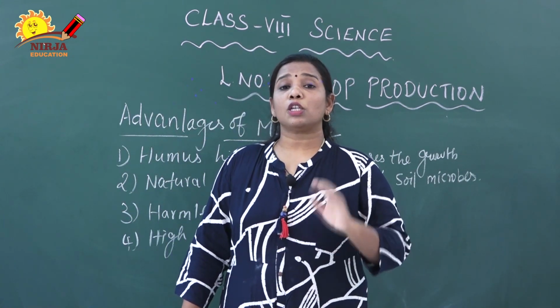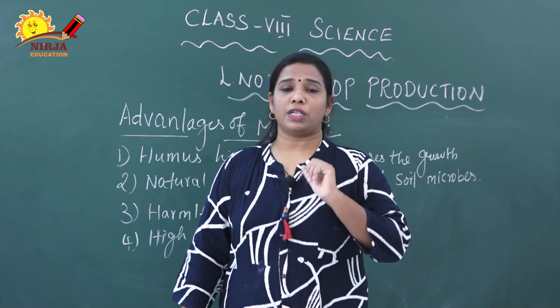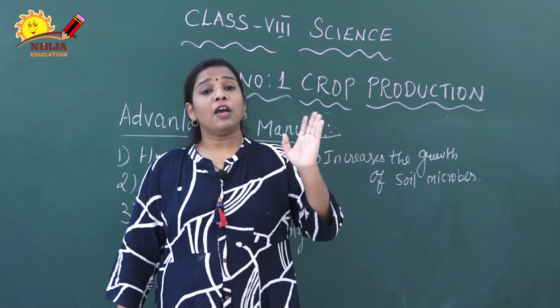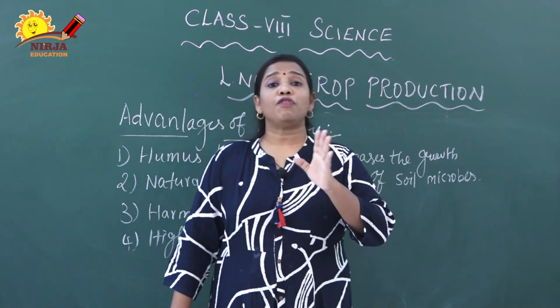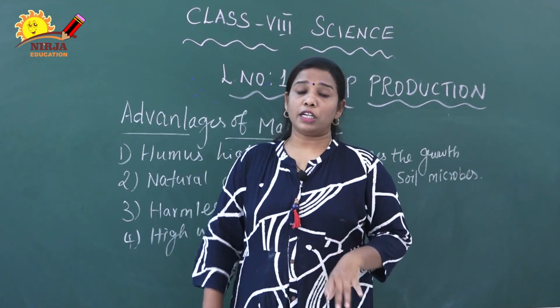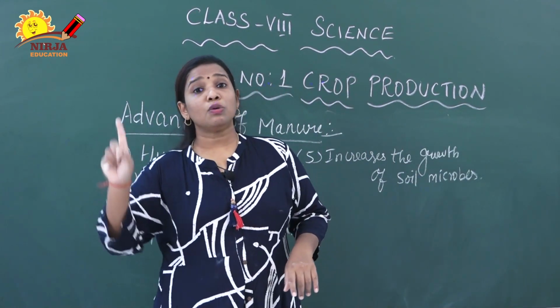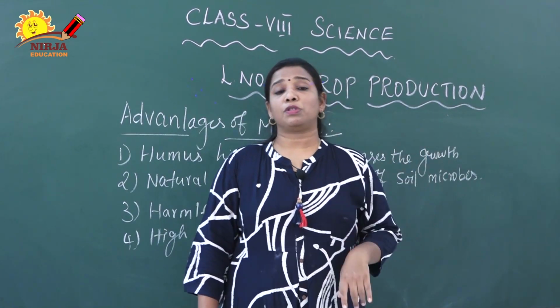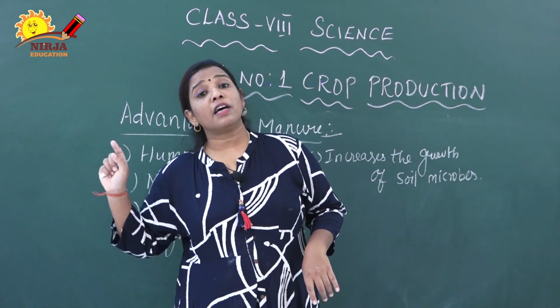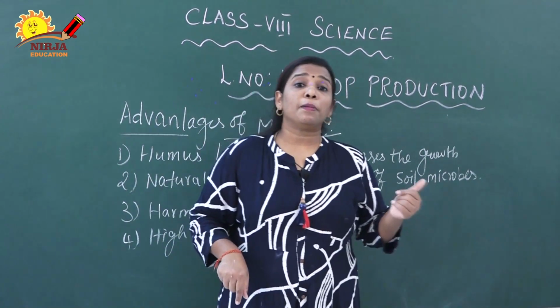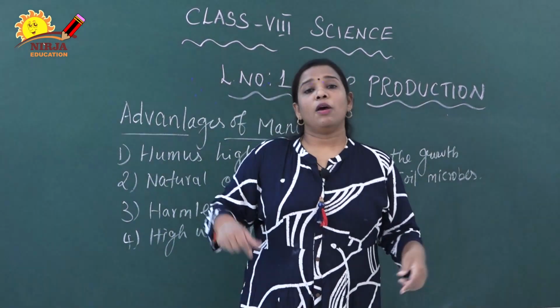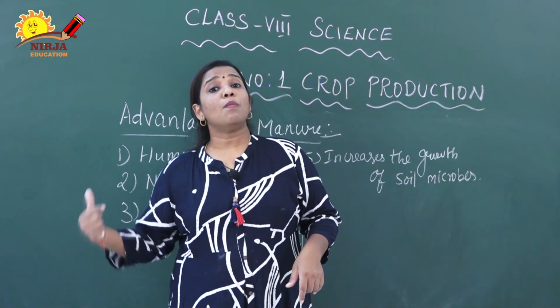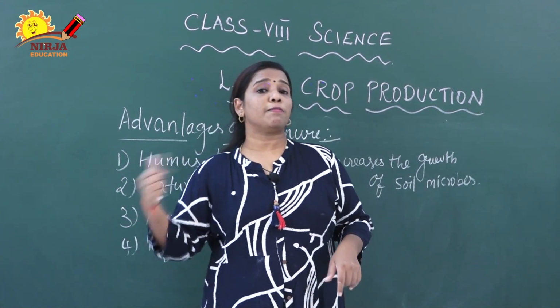These fertilizers are prepared in factories. So we say fertilizer is an artificial substance. Right, you can understand. Manure is a natural substance, fertilizer is an artificial substance. Manure is prepared in the field, but fertilizer is prepared in factories. Manures have a high amount of humus and organic substances.